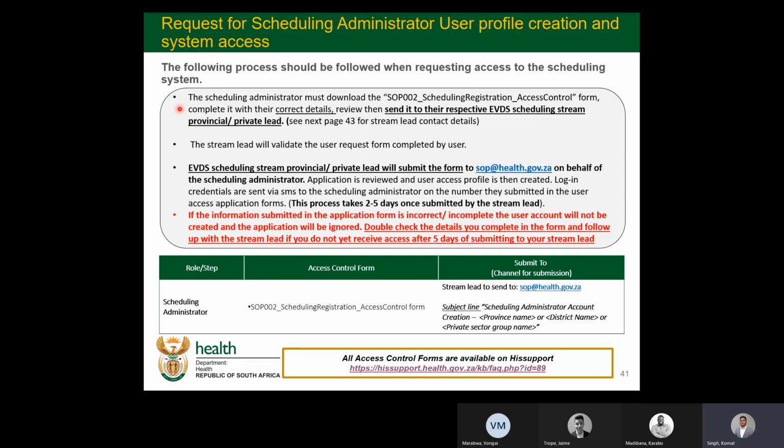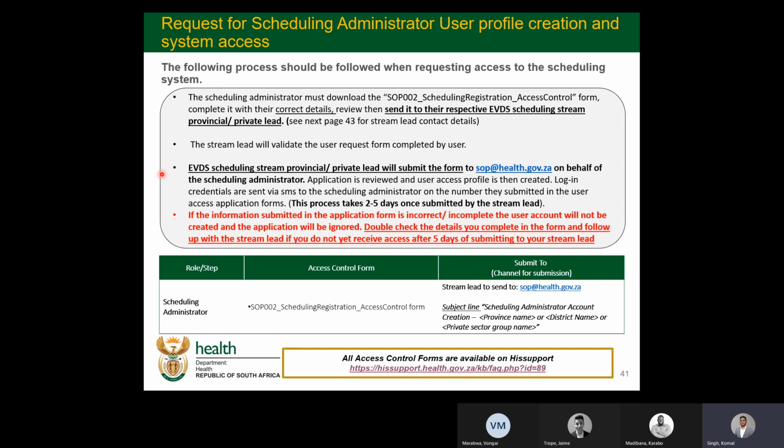Please make sure you view it and the details are correct, and then send it to your respective EVDS scheduling stream, provincial or private lead, which will be shown in the next slide. Okay. The stream lead will then need to validate the user request form completed by the user. Then the EVDS scheduling stream provincial or private lead will submit the form to sop@health.gov.za on behalf of the scheduling administrator.